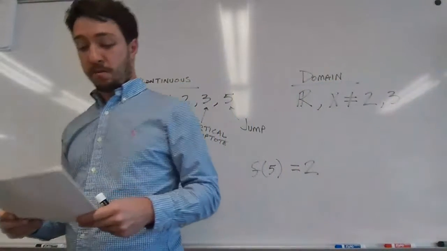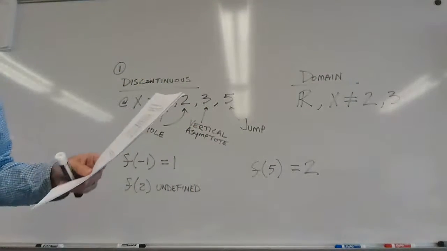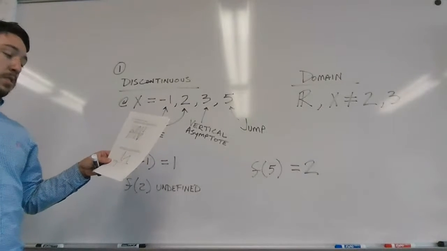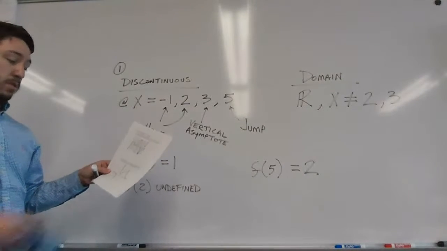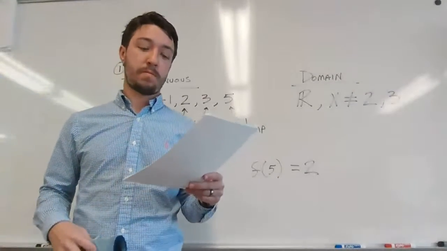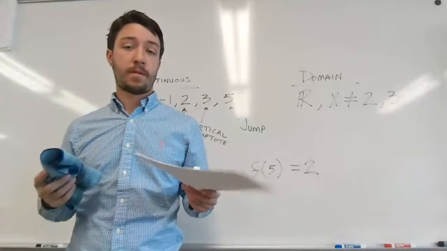So let's look at number 2. What are the x values at which the function is discontinuous? -2, 0, and 3.